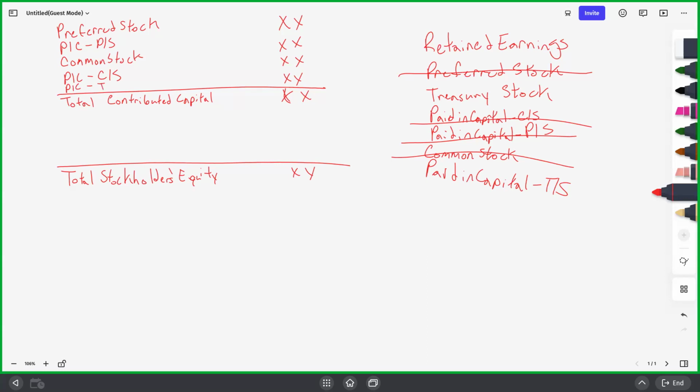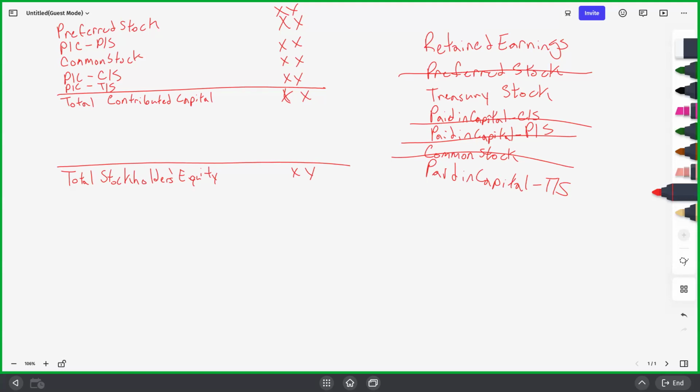The reason why we have the PIC account up here and not treasury stock up here is because, think of it this way, did we make that money externally or internally? Externally. Because think about it, people paid extra money and we're accumulating that in our PIC account.